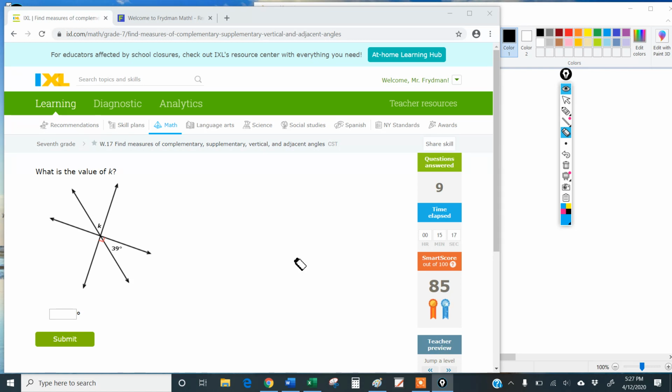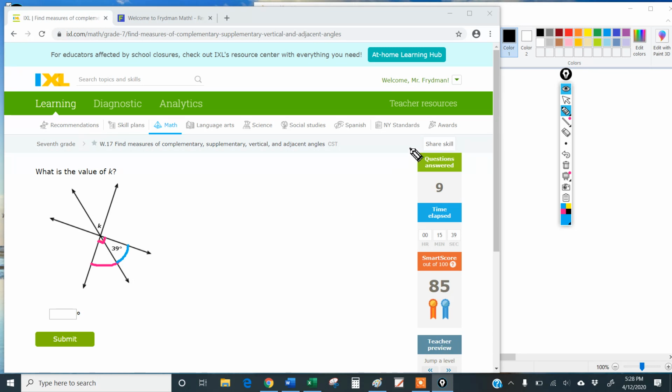All right, what is the value of k? Good, this one is a little bit trickier. I see this symbol here, which is telling me that this angle plus this other angle must add up to 90 degrees.